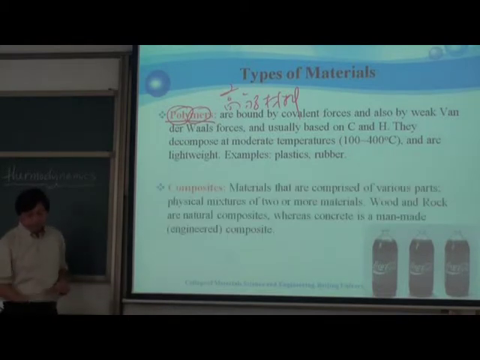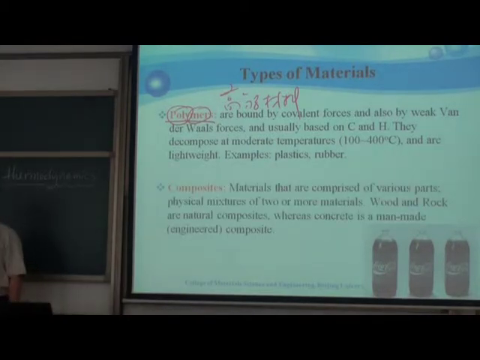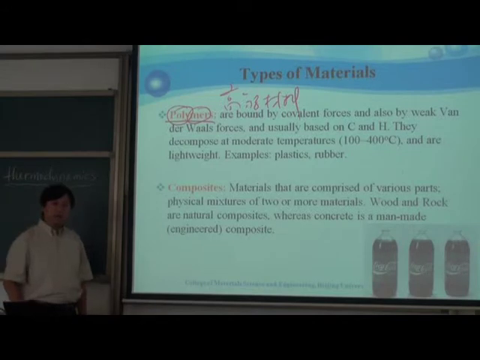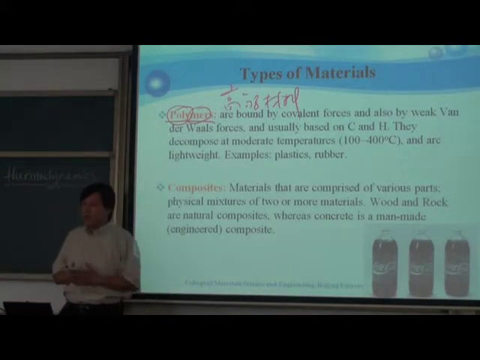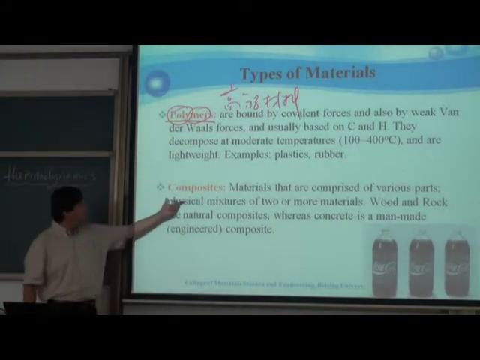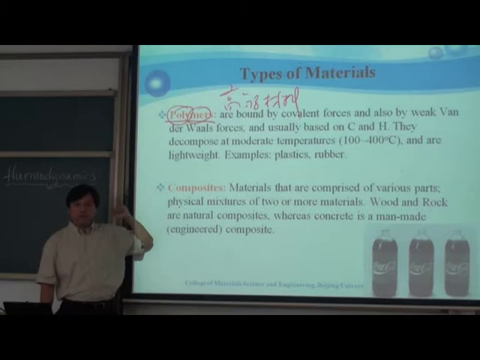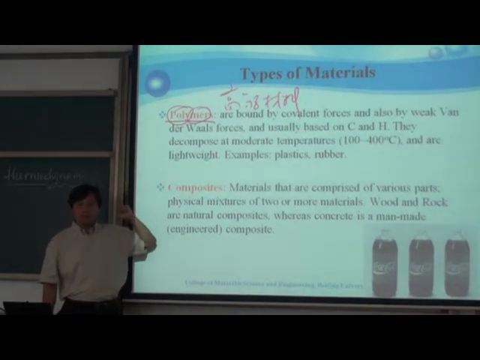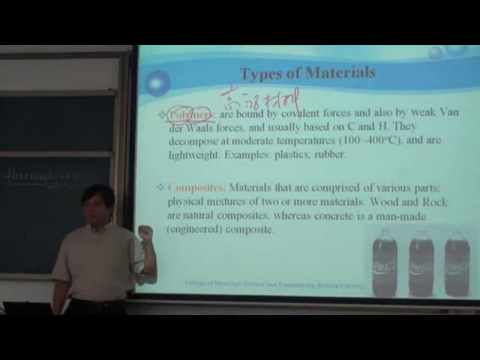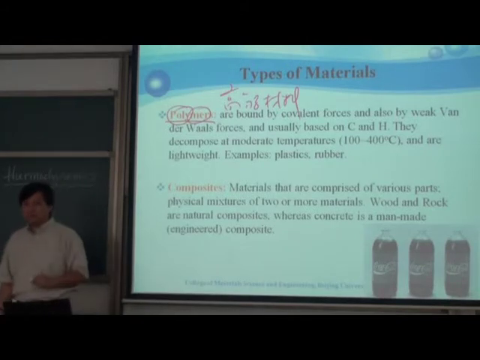Okay. Now the last type of material we're going to talk about based on this kind of a classification is what we call the composites, or composite materials. What are these? Composite material, or in a short term, composites.